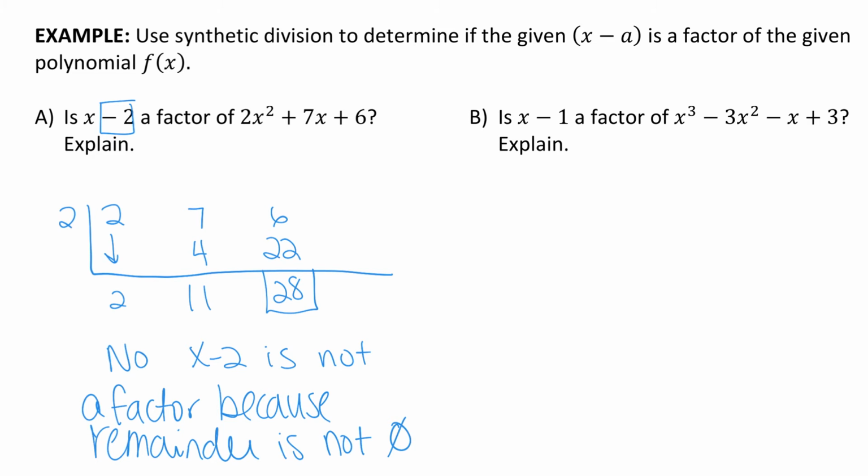Now, I'm going to do this next example a little bit differently because we can either use synthetic division or we can evaluate f of the opposite, so f of 1. So let's figure out what this is.